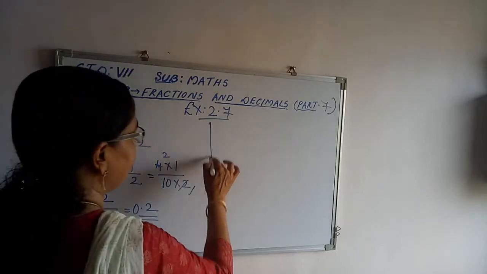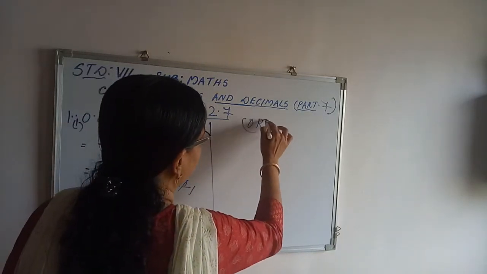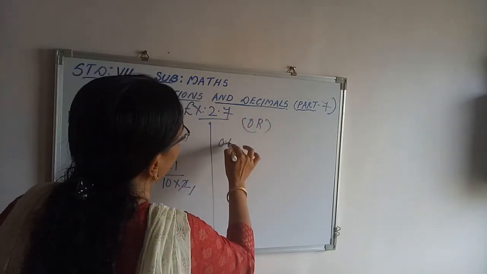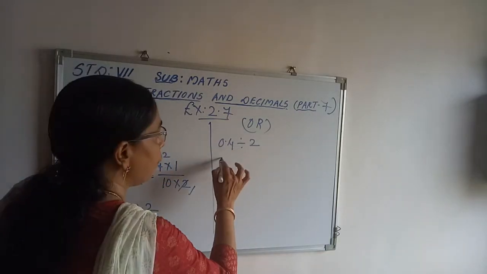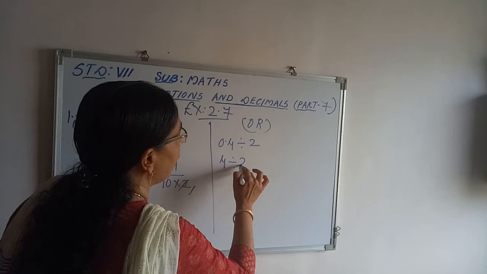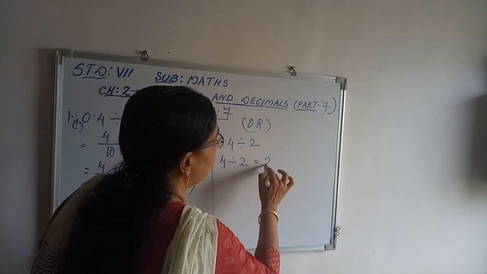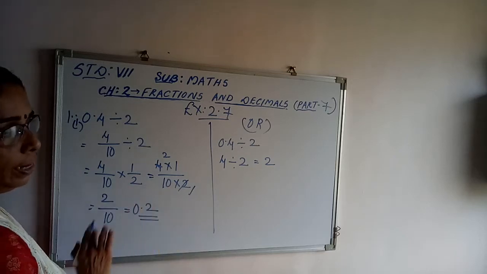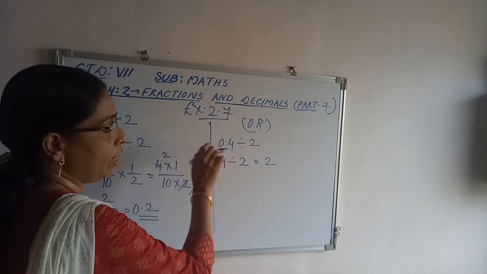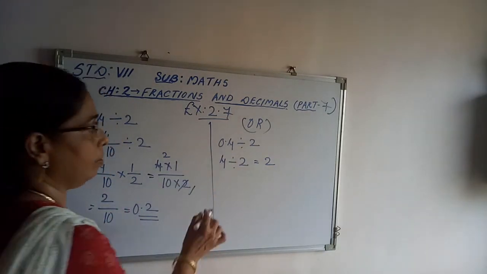Now the second method, see, or you can do it as 0.4 divided by 2. Isn't it? That's the question. See, first you divide 4 divided by 2. What answer you get? 2. Isn't it? Without considering the decimal point, divide the number. Now see how many decimal places are there? One decimal place.